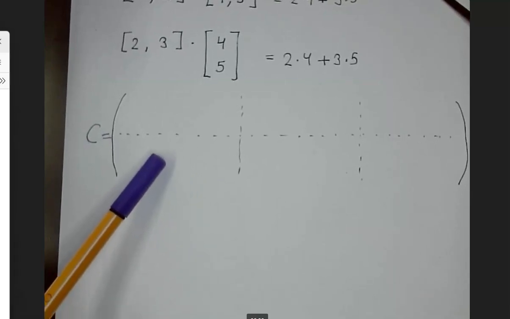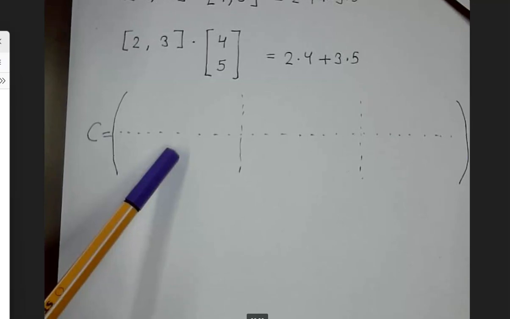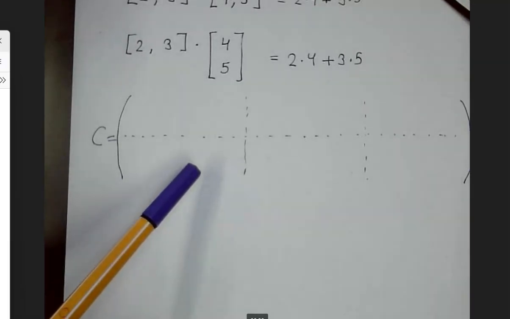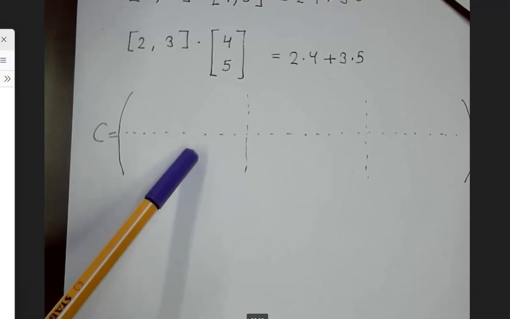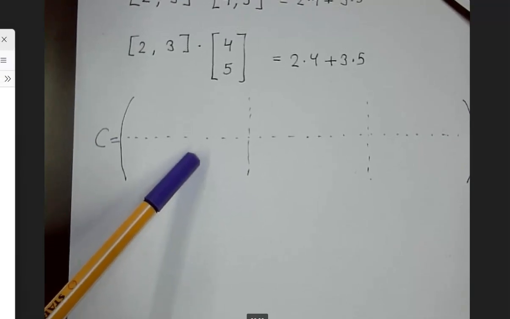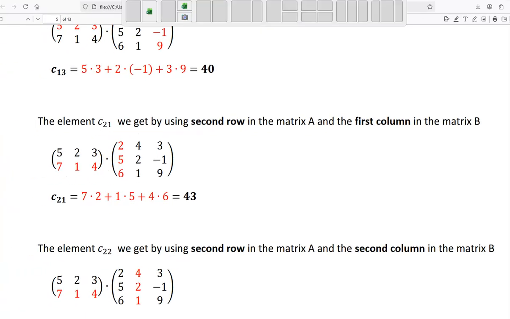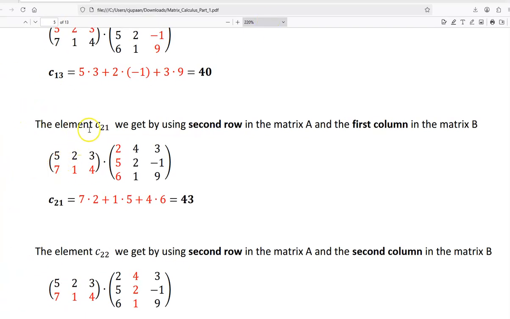Then we start the second row, and this second row is the row number 2 and column number 1, so the element is C21. So now we take the second row in the first matrix and the first column in the second matrix, and again the same calculation rule.